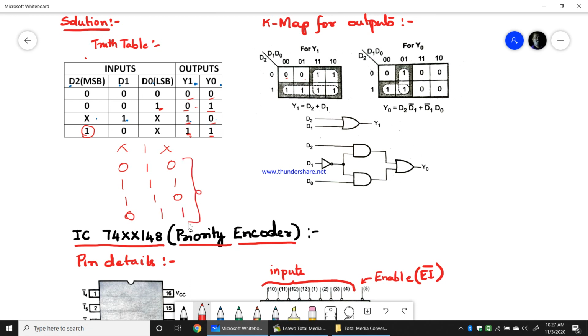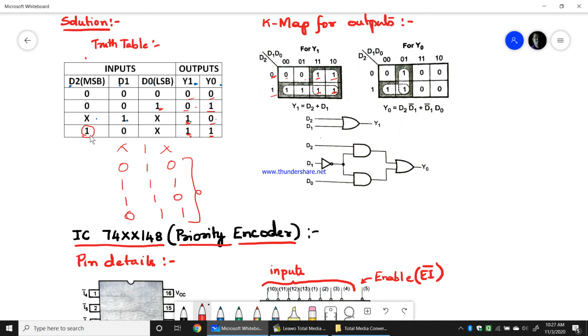So these 4 values are what you get for this x1x. For all those 4 values, y1 is 1. Therefore 0 1 0 is 1, 1 1 1 is 1, 1 1 0 is 1, and 0 1 1 is 1.